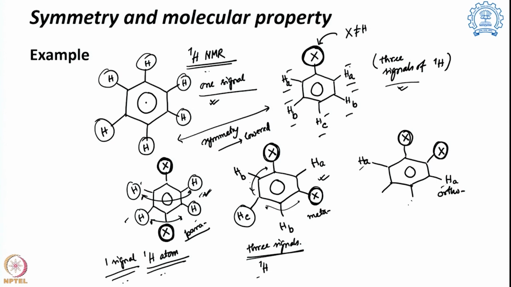So, one type, and this one is para to one and meta to the other, similar for this. So, over there I am going to get 2 different signals of proton NMR, and that is what we are going to get for this particular molecule.